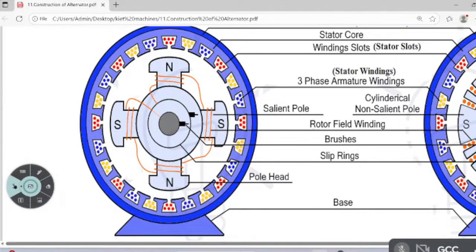Depending upon the construction of the rotor, we have two types of rotors, two types of fields. This is one type, and the other one is this type.